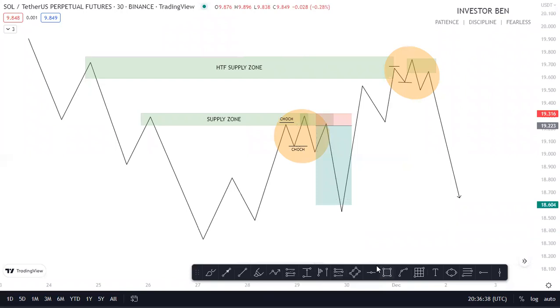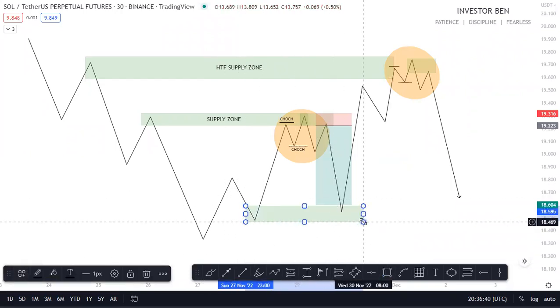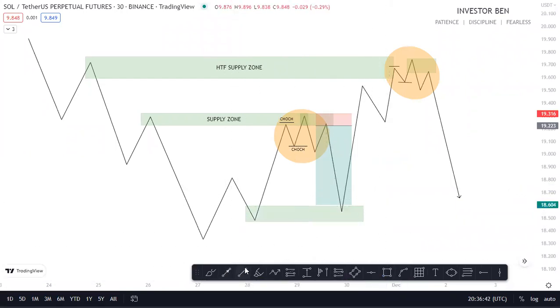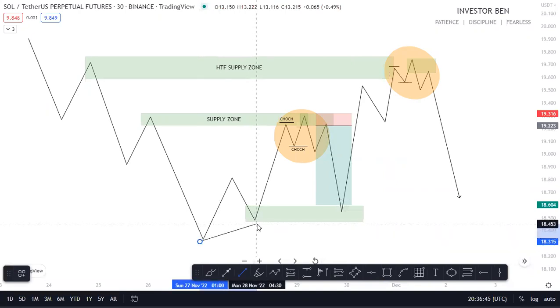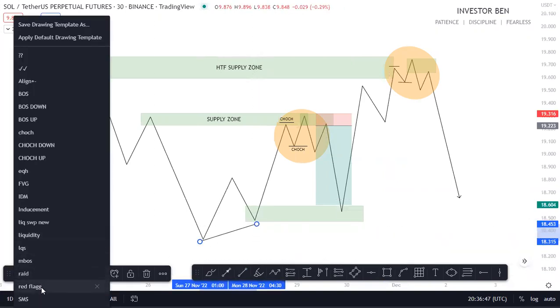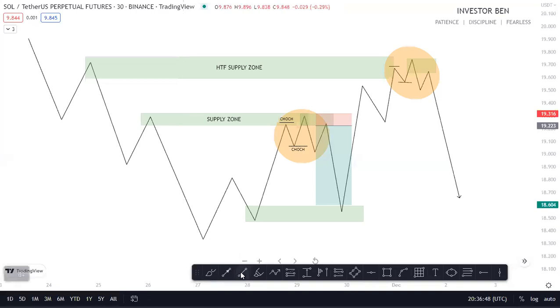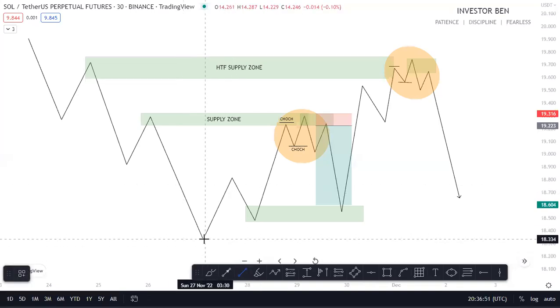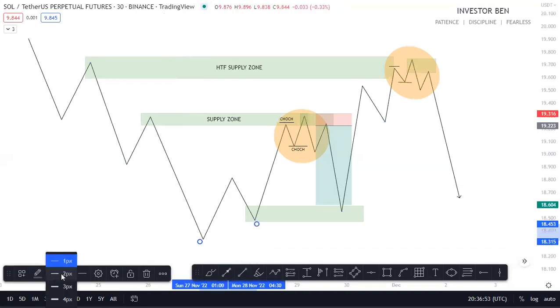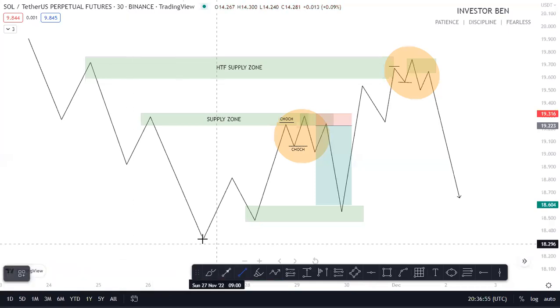So here is a major demand, like the higher time frame structure that you're actually trading with. And in this structure here you have an SMS at this point.